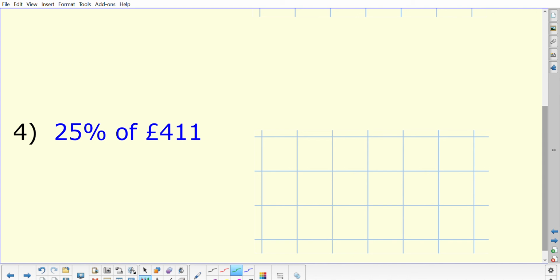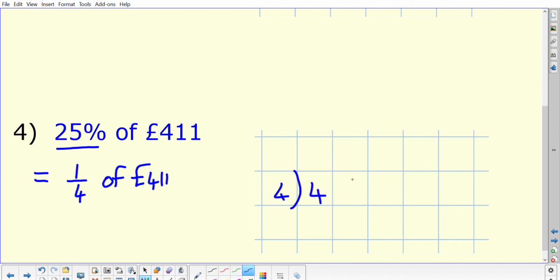Same thing with this one, I've got 25% of £411, so in the first instance I will replace the 25% with a quarter, so I am doing 1/4 of £411. So that means I need to be doing 4 into £411.